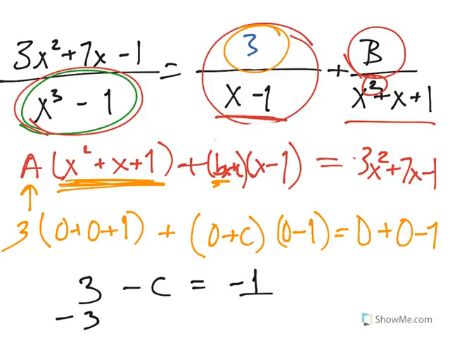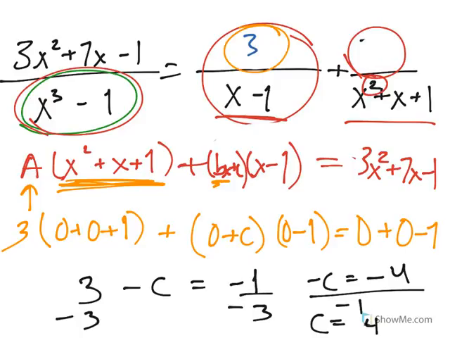We subtract 3 from both sides and we get negative c is equal to negative 4. We divide by negative 1 on both sides and we get that c is equal to 4. So here we replace B with bx plus 4. We know that c is 4 already.